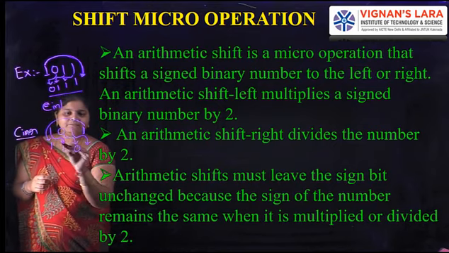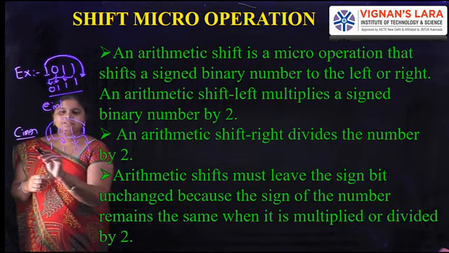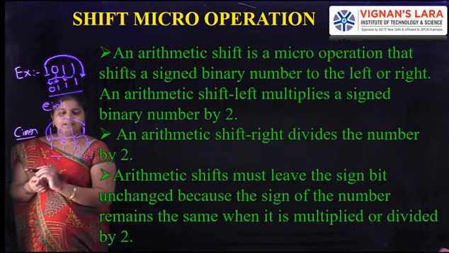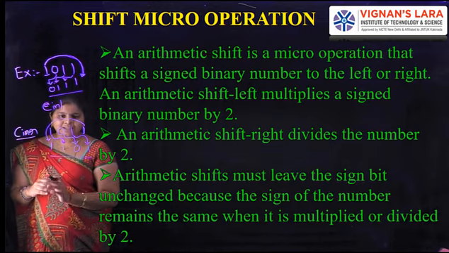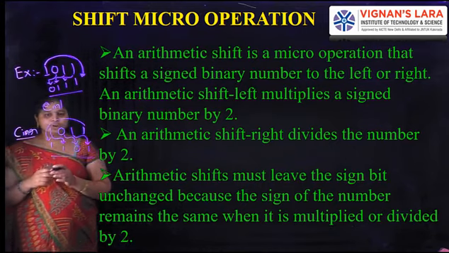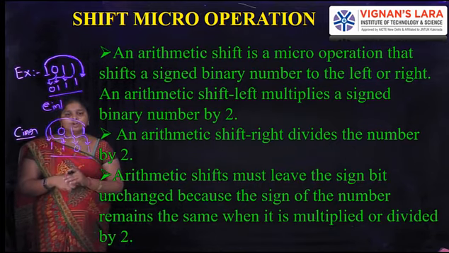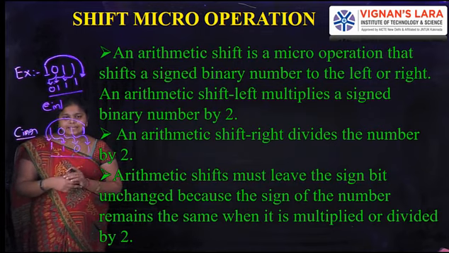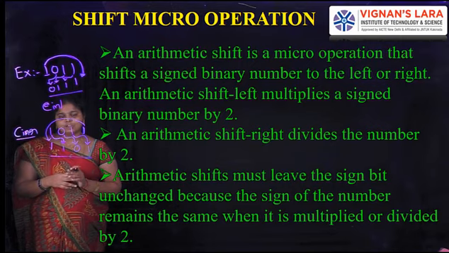This is the final result of the circular right. There is no loss of information like in logical shift. To avoid the discarding, that's why we take the circular shift micro operation.